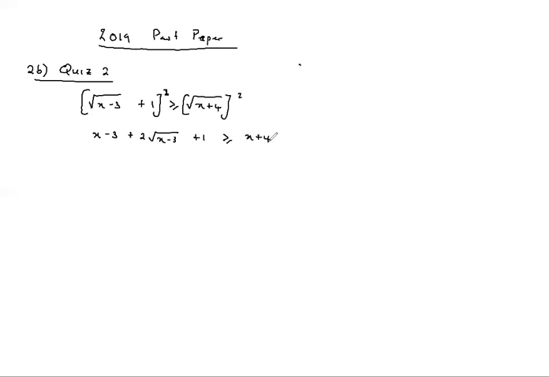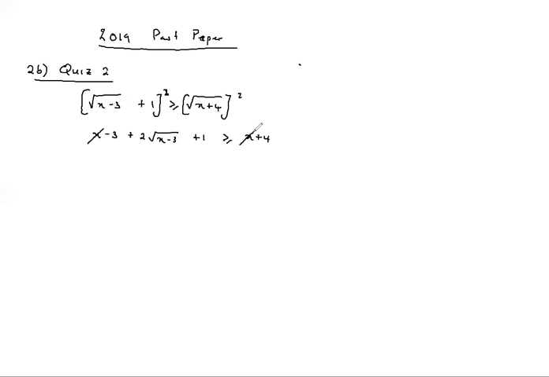So the x goes, this x follows that x, and then we take negative 3 the other side, it becomes 1.